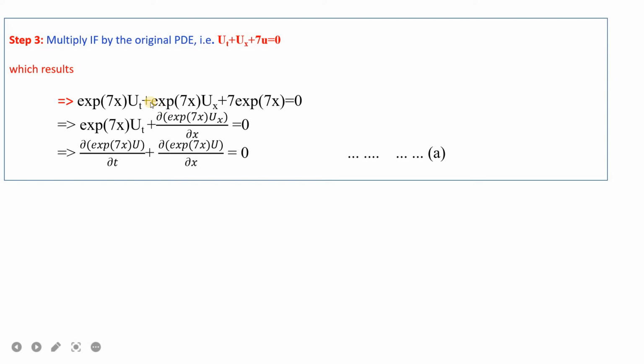The latter two terms, e^(7x) u_x plus 7 e^(7x) u, can be expressed as the partial derivative with respect to x of e^(7x) u. Also, as x is independent of time t, the first term can be expressed as the partial derivative with respect to t of e^(7x) u, plus the partial derivative with respect to x of e^(7x) u equal to 0.